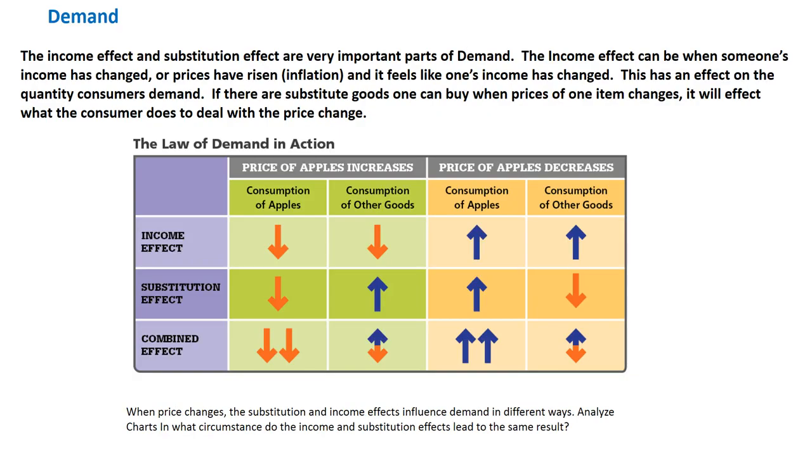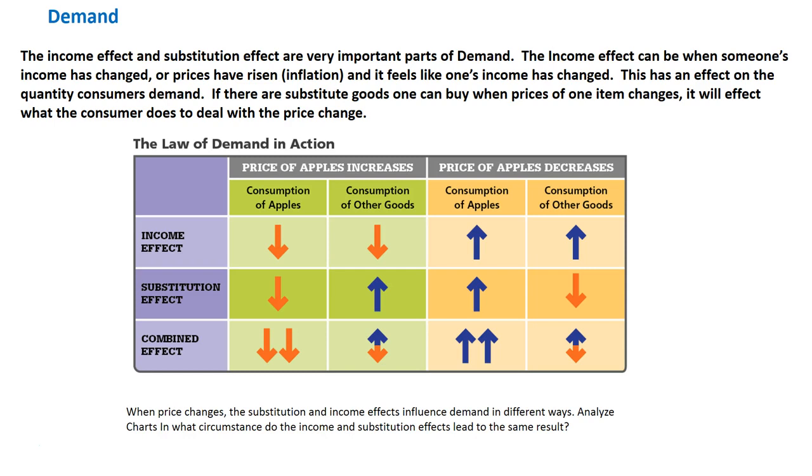Okay. When demand's happening, there's two different effects, and you need to look at this chart, the income effect and the substitution effect. So the income effect can be when someone's income has changed. Maybe you got a pay cut, bad economy. Or maybe just prices overall are going up, what we call inflation, and therefore you might be getting paid the exact same amount, but because of inflation, because prices are going up, it feels like you can't buy as much because you can't.